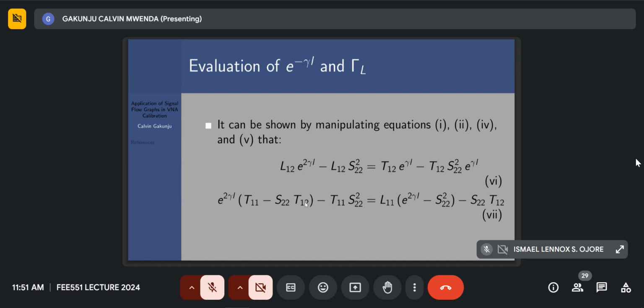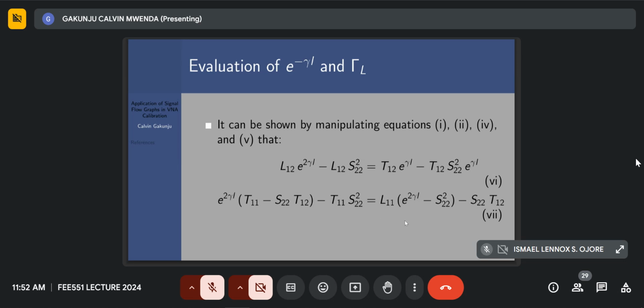Now after you do that, because in this case we want to evaluate the propagation coefficient and length, which you'll get by considering this e power negative gamma L. Because we want to do that, and we have one equation only composed of e power 2 gamma L, T11, T12, and L12 and T12, you can now notice that you'll also get a quadratic equation in terms of e power gamma L. So e power gamma L squared is e power 2 gamma L, and that can give you a quadratic equation.